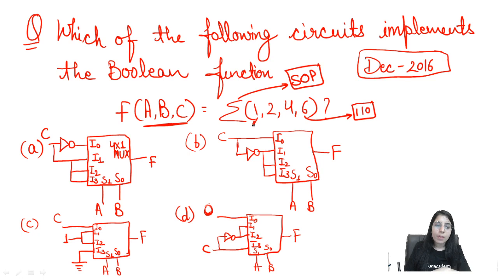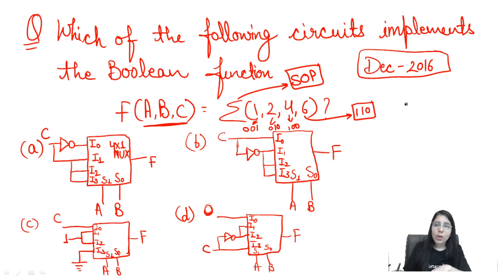So how will you represent 1? It's going to be 0 0 1. Then 2 is going to be 0 1 0, then 4 is going to be 1 0 0. Now since it is the SOP form given here, we represent 0 with the complemented term and 1 with the non-complemented term. And there are 3 variables a, b and c.